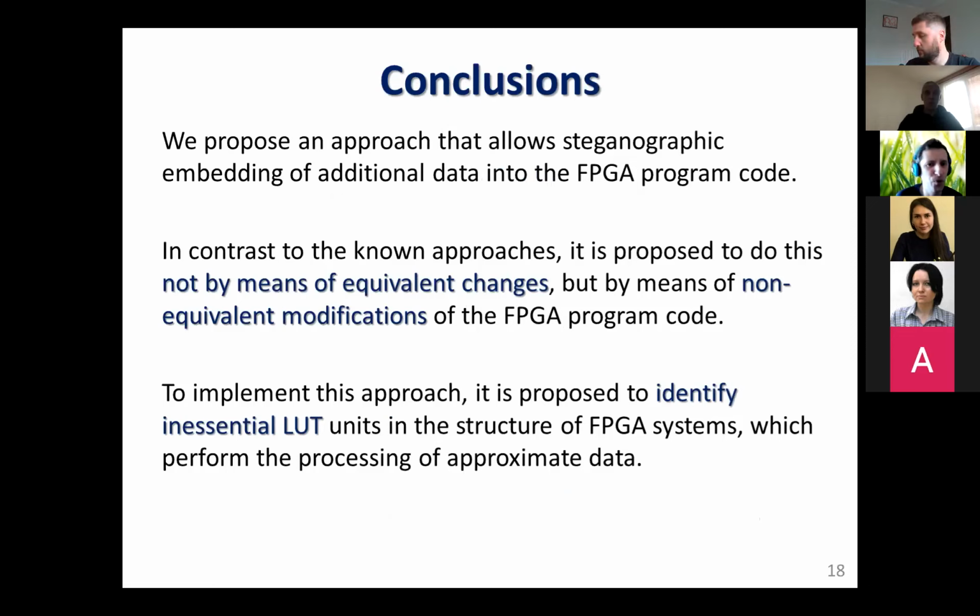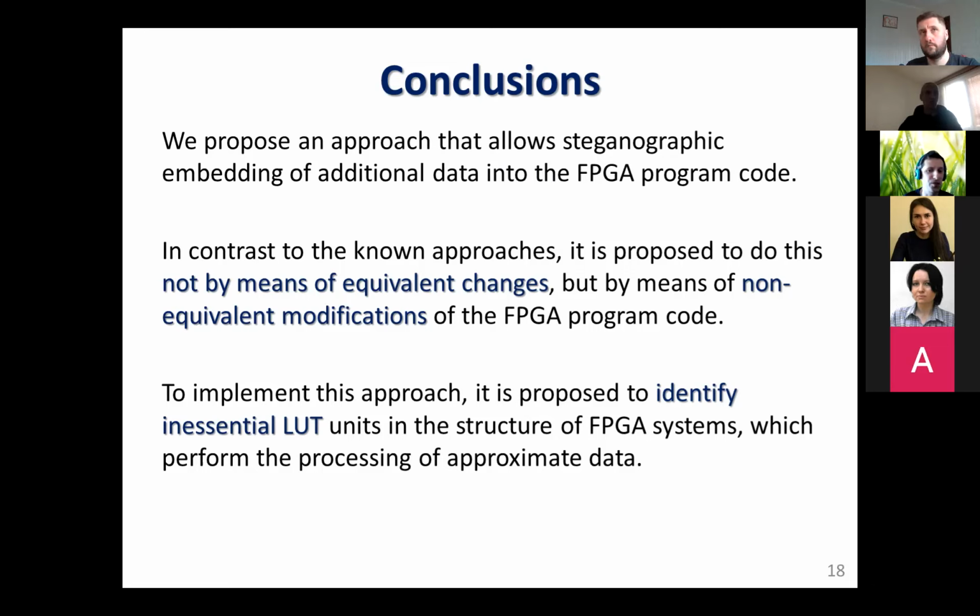We propose an approach that allows steganographic embedding of additional data into the FPGA program code. In contrast to the known approach, it's proposed to do this not by means of equivalent changes but by means of non-equivalent modification of the FPGA program code.